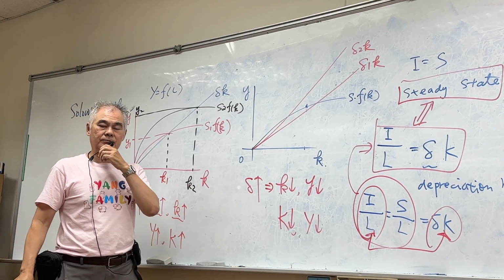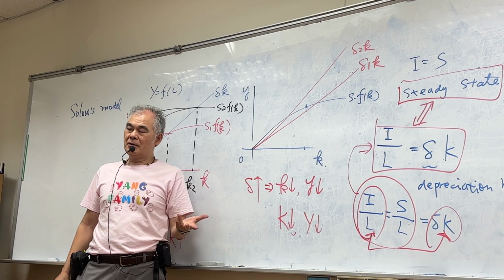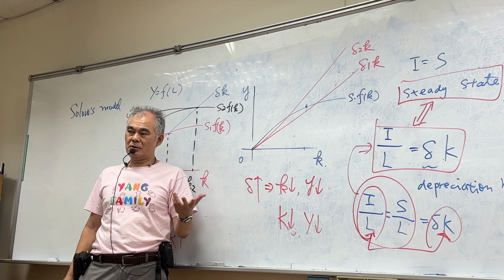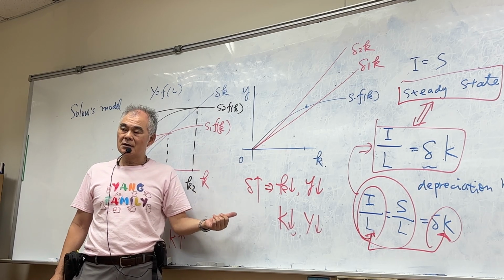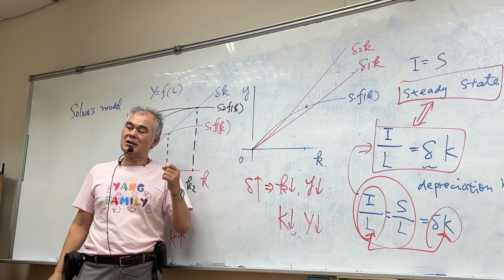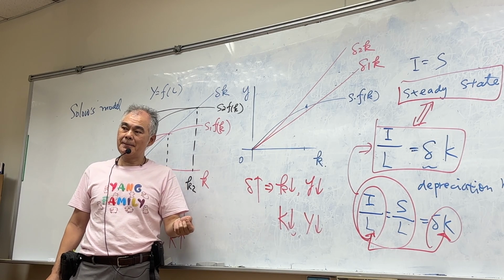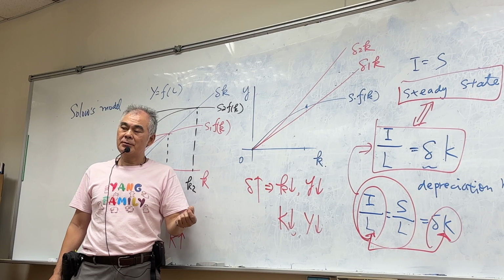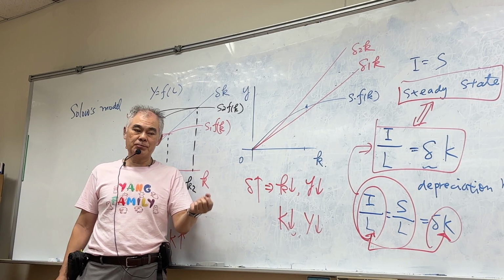Because if you have higher depreciation rate, means the wear and tear of capital, machines, equipment, all these things, is gonna be much heavier. And so if you want to keep the economy going at the same rate, okay, it's much more difficult because you have to have a higher saving to make up for the loss in depreciation.